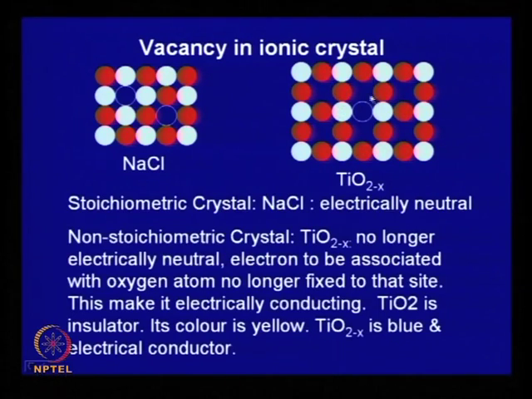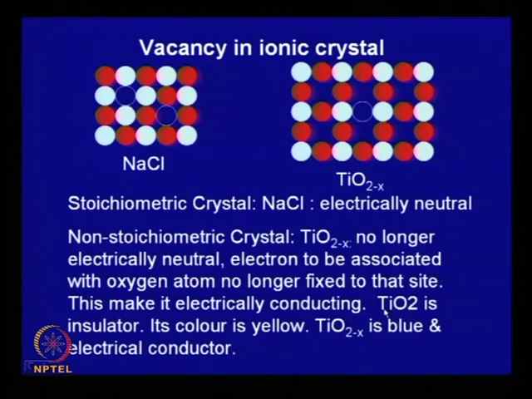This electron, which actually should have belonged to this atom, is now free, and that is shared by all. So, because of this, when titanium dioxide is oxygen deficient and not in an exact stoichiometric relationship, it will exhibit electrical conductivity.